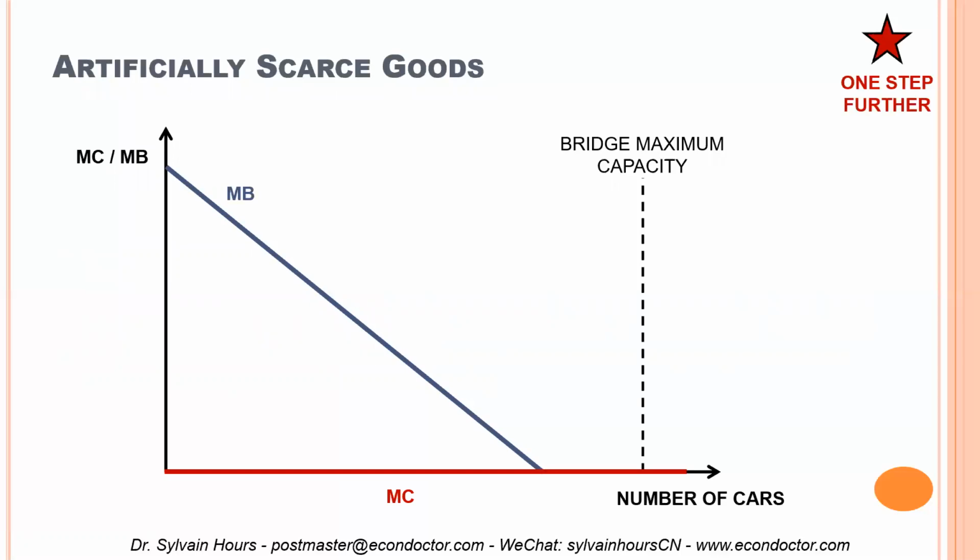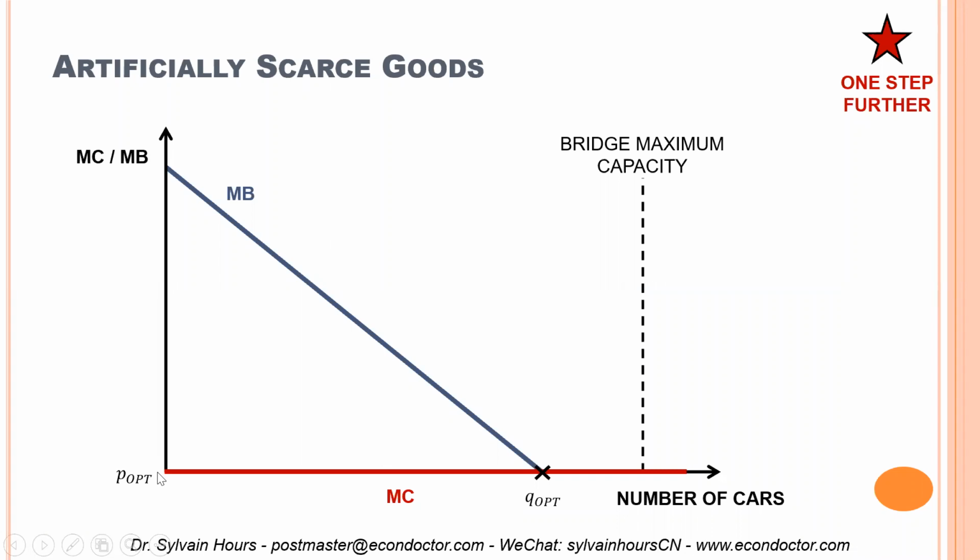So the marginal cost is so low that we can consider it's zero. So where is the allocatively efficient output, when marginal benefit is equal to marginal cost? This is the optimal quantity, and this is the optimal price, zero. So the big triangle would be the total surplus in this case.